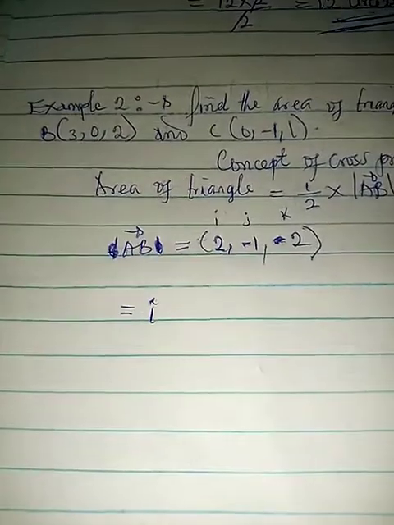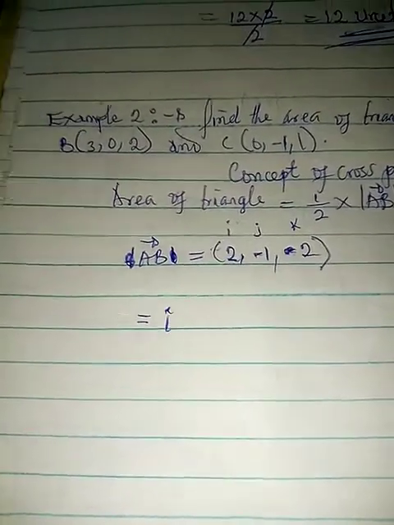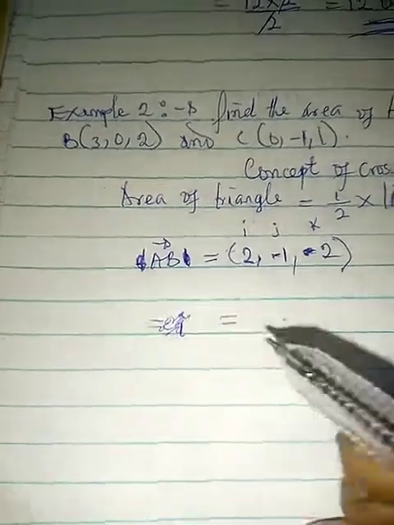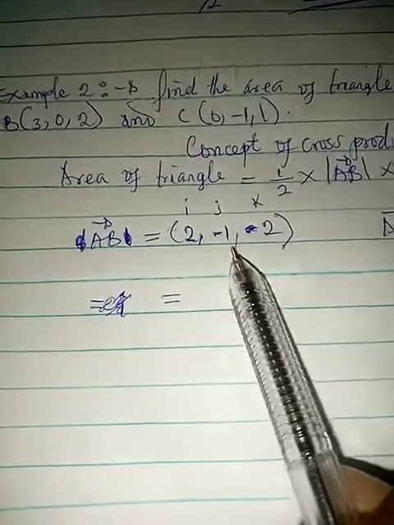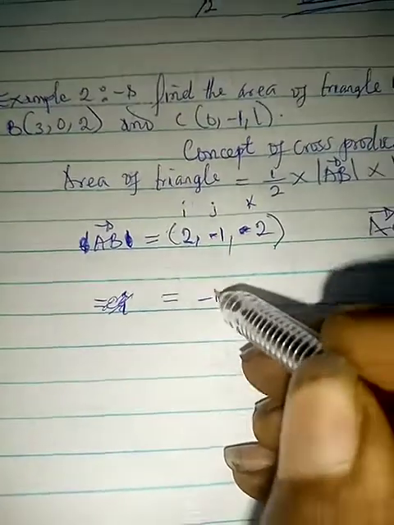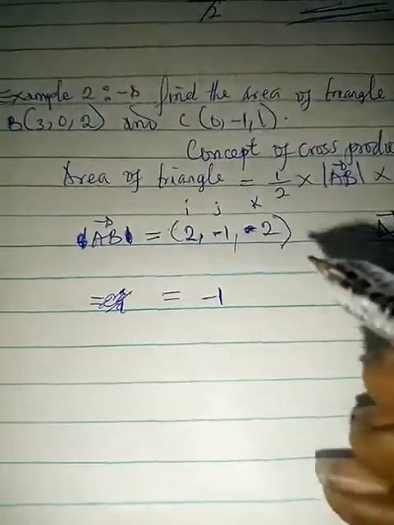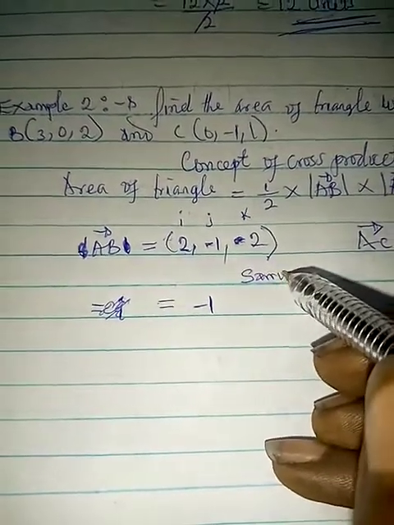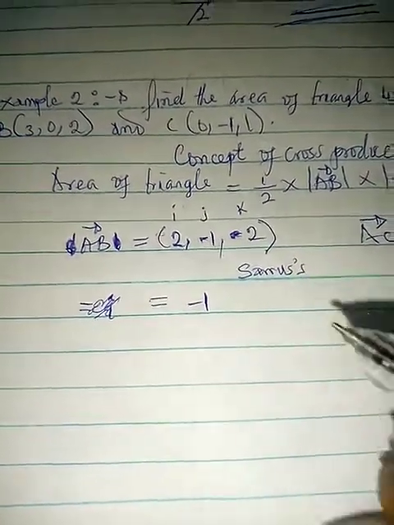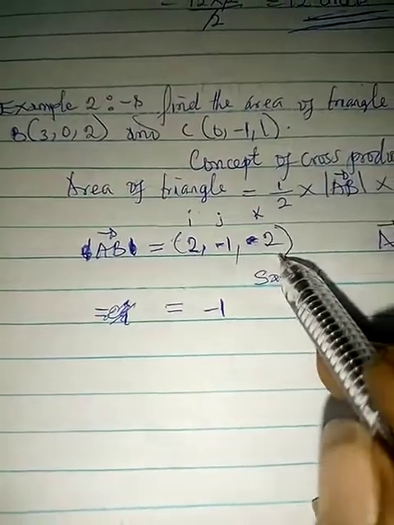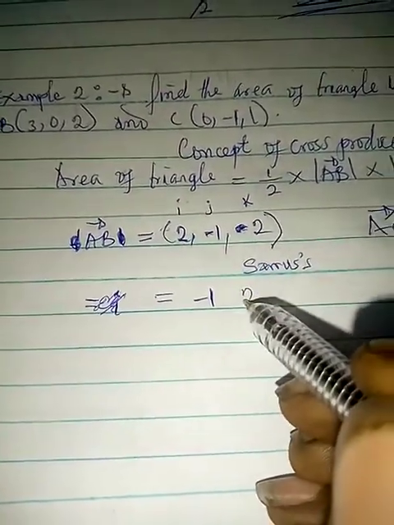Now look at the I, so that you do not get confused. Before the I, let's look at the middle value first. The middle value here is minus 1. We have not started our multiplication. I just want to apply that method, the Sarrus method. So minus 1, and then look at the number that follows, that is 2.